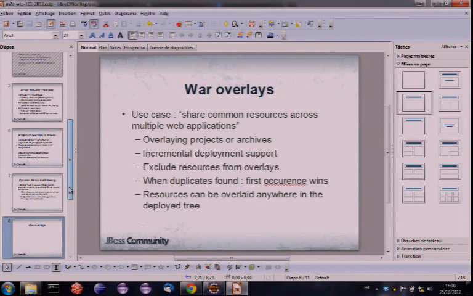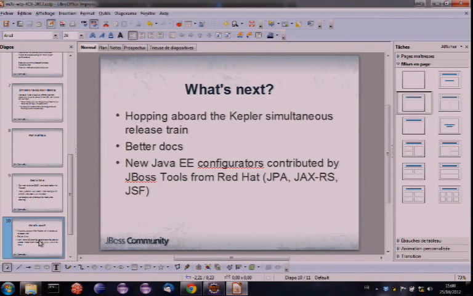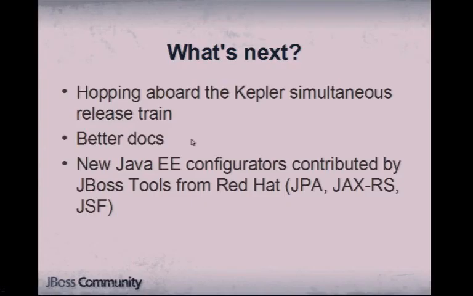Let me finish talking about what's next. The project is currently in incubation at the Eclipse Foundation. We're at version 0.16. We're hoping to jump on the Kepler simultaneous release train next year. And over time, we'll probably get better documentation.